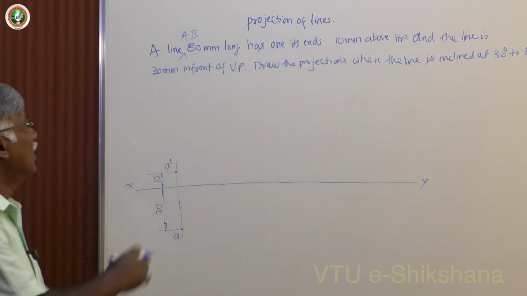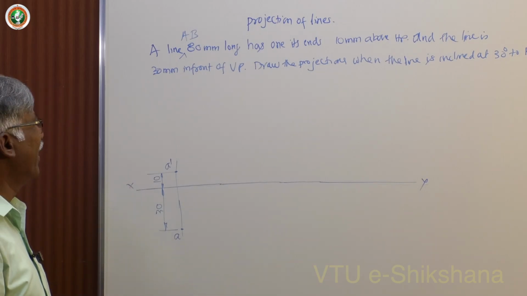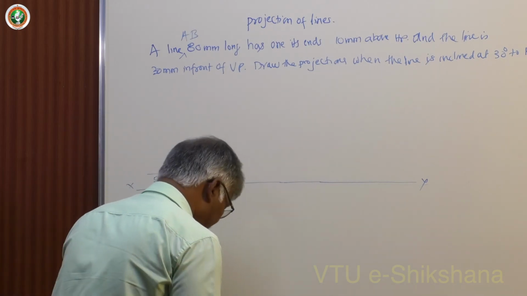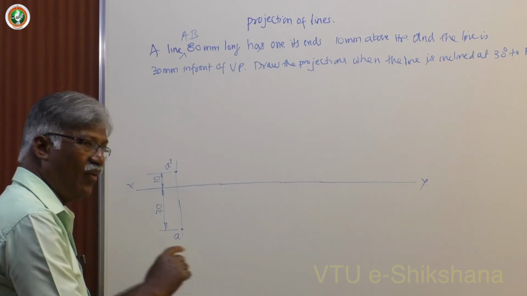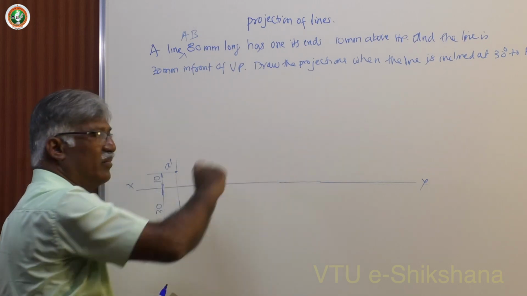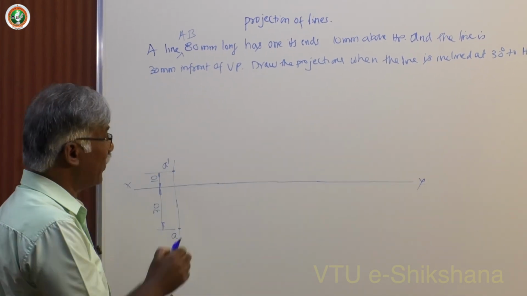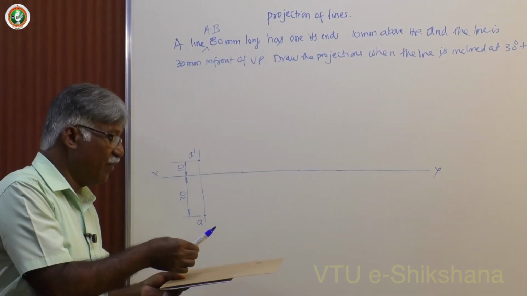Now the true length of the line is given as 80 mm. Now fix the 80 mm long line. Manually, what you have to do is draw a thin line using a protractor or mini drafter, whatever. Then fix 80 mm, because the front view is true length as it is inclined to HP and parallel to VP.